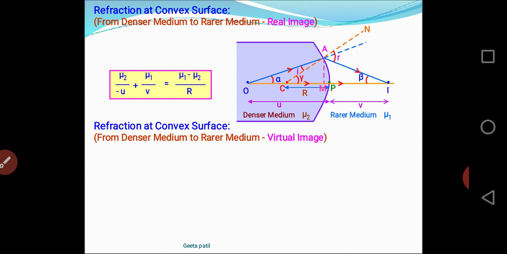Similarly, we can study refraction at a convex surface for the formation of a virtual image when the ray of light is traveling from denser medium to rarer medium.